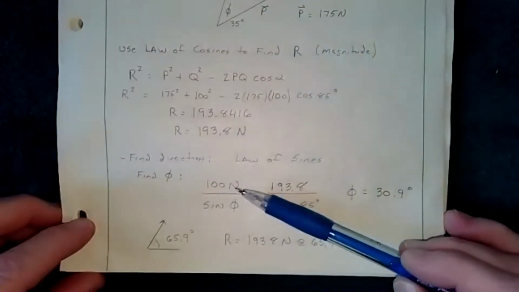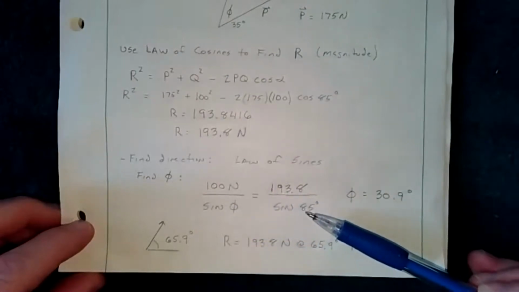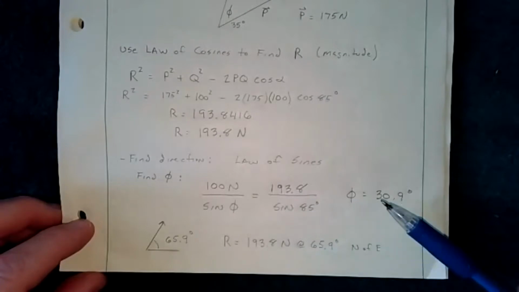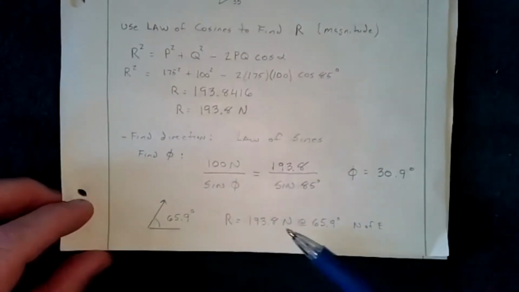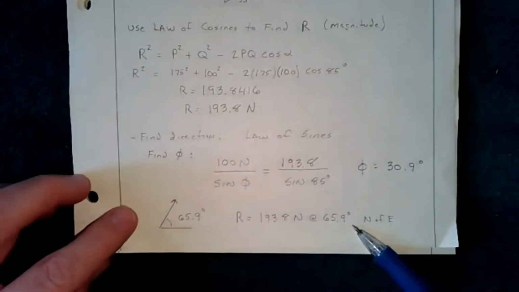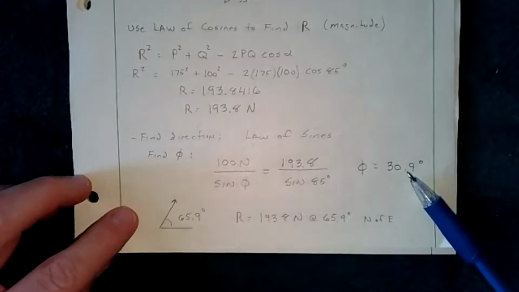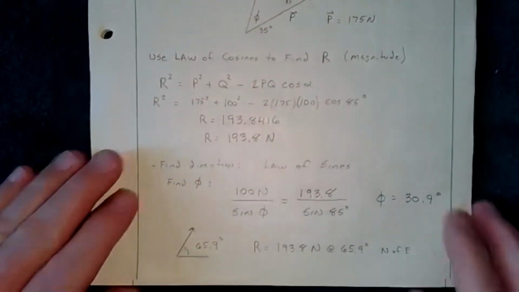So here I have 100 newtons over sine of phi, 193.8 over the sine of 85. That gives me phi equal to 30.9 degrees. So finally we have 193.8 newtons at 65.9, and I got that by simply adding 30.9 to the 35 degrees. And that's our first example.